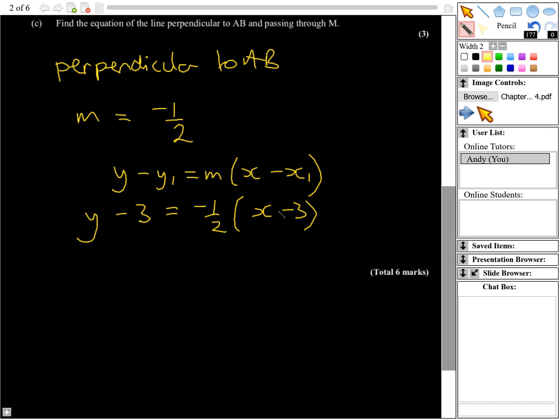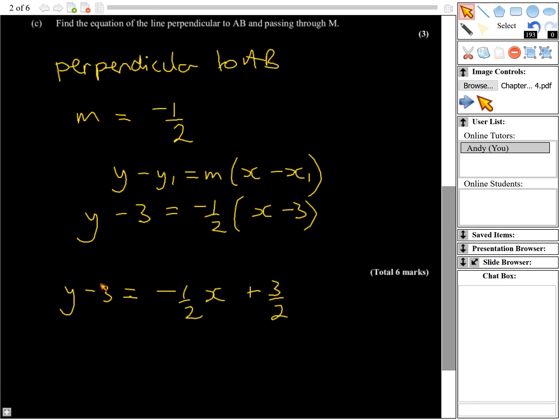If you wanted to, however, you could tidy this up a little bit and rearrange it into the form y equals mx plus c, but it's not necessary to get the full marks. So you could say that y minus 3 is equal to, multiplying out this bracket, negative 1/2 x, and then negative 1/2 times negative 3 would give me plus 3 over 2. Then I need to add this 3 to both sides and move it onto this side.